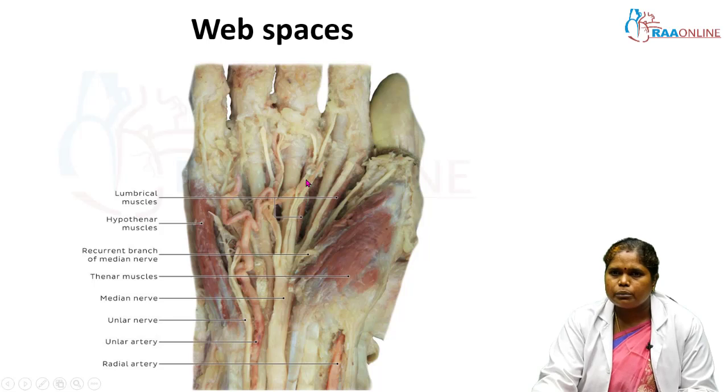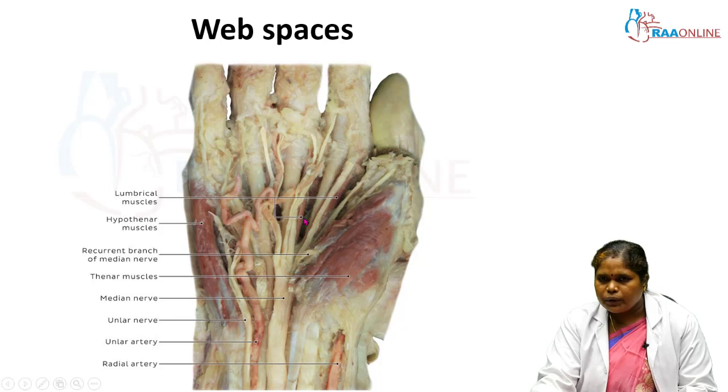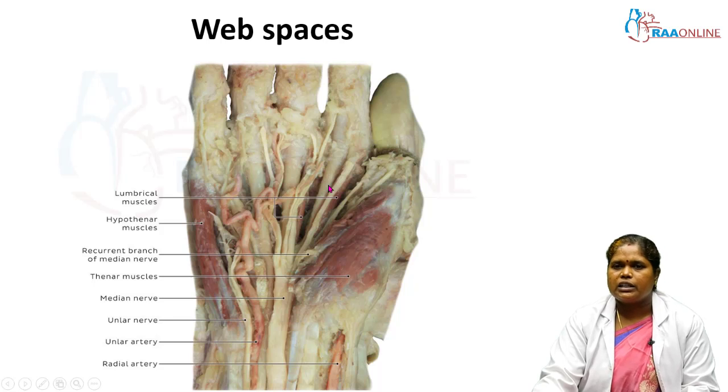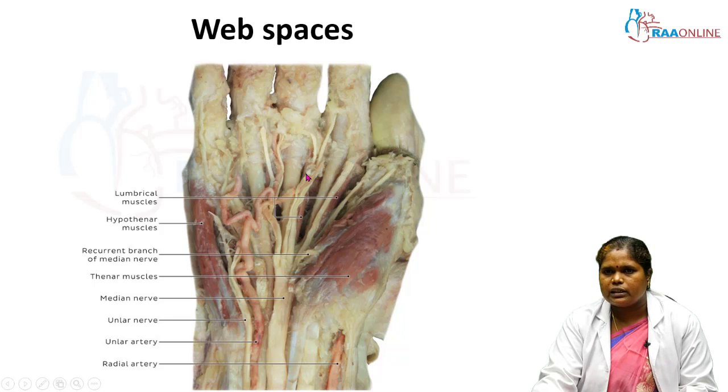Through this lumbrical canal only, the mid-palmar and thenar spaces will be continuous with the web space. So if we open this web space, we can drain the collection of pus in the mid-palmar space and the thenar space. That is the importance of web spaces. So web spaces between the digits are subcutaneous spaces containing fibrofatty tissue, digital nerve and vessels, and the lumbrical muscle extending into the web space.